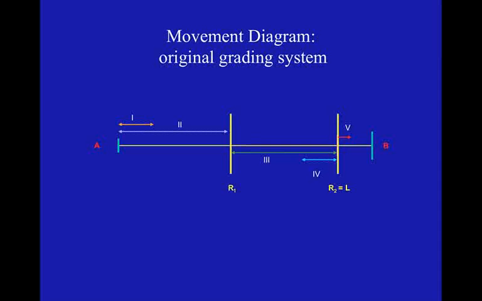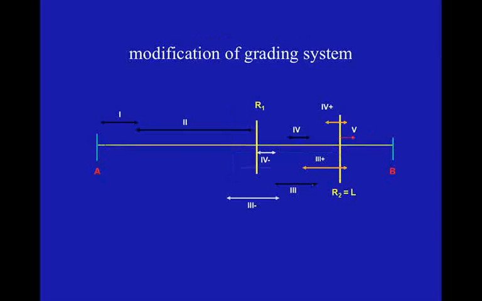And so a modification of this system occurred using minus and plus to denote the position of that oscillatory movement relative to R1 and R2. So if you go back and look here, grade 1 and grade 2 are still sitting in the same part of the range prior to R1.